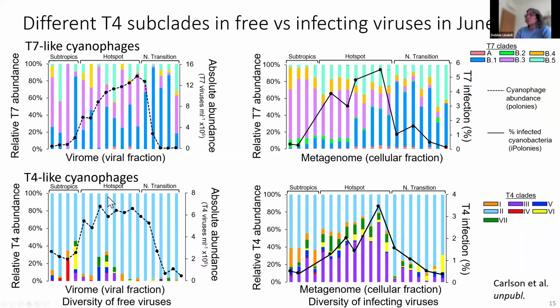And what we can see is that we have different T4 subclades and different phylotypes that are infecting cells than are in the free phage fraction. And that's probably most clear from the T4s. Here we have this purple phylotype that is quite rare in the reservoir, in the viral fraction, but very abundant in infected cells.